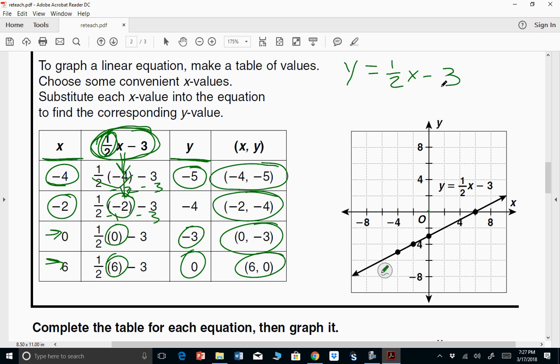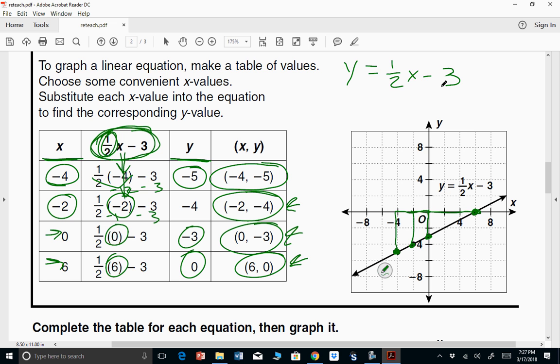Starting at the origin, first ordered pair, -4, -5, right here. Next ordered pair, -2, -4. Then 0, -3, and 6, 0.